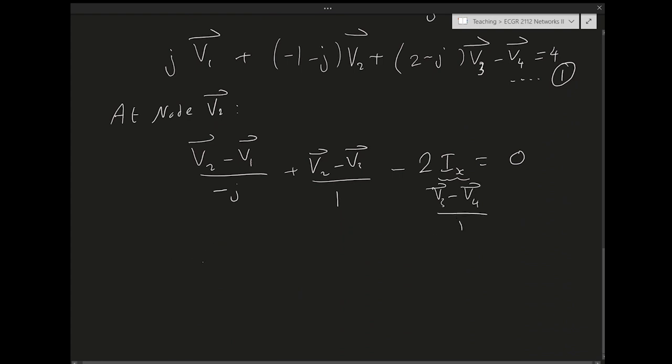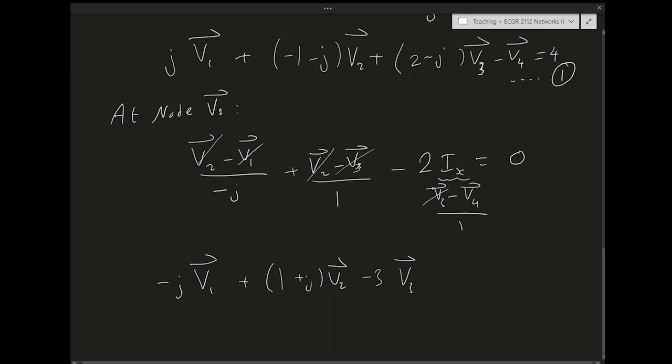So I collect everything. V1 has a coefficient of minus J. V2 has a coefficient of plus J, since I took J to the numerator here, and then I have 1 here, so 1 plus J. And then V3, I have minus V3 here, and then minus 2V3, so it's minus 3V3.